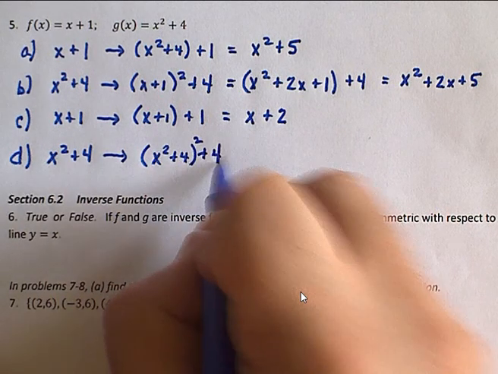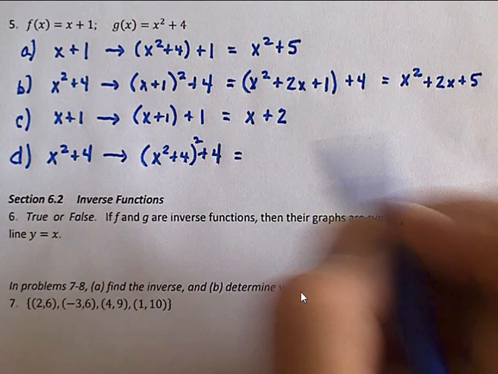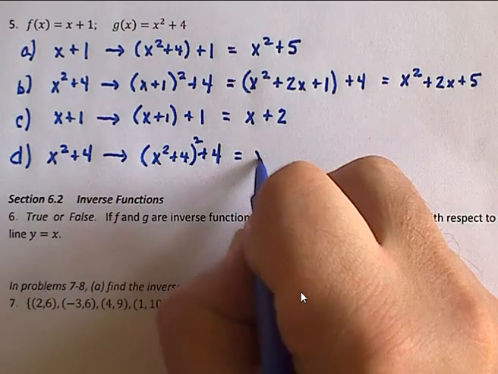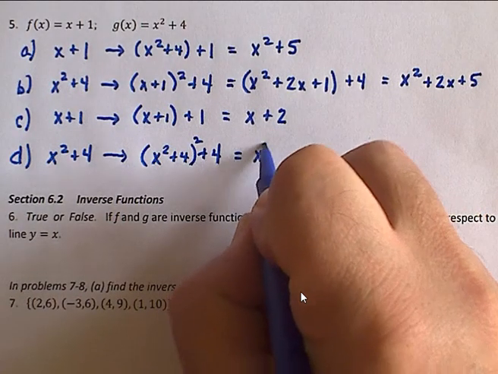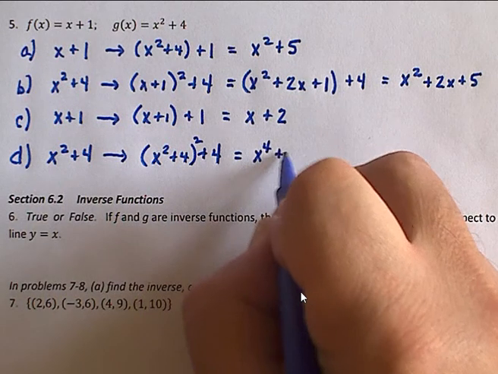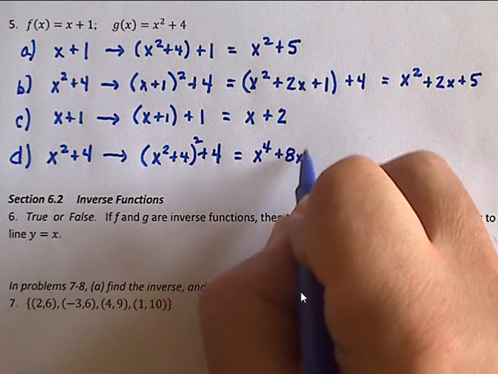And again, the problem here is going to be squaring that binomial. When you take x squared plus 4 times itself, I'm FOILing, x to the 4th. Outside and inside terms, I get 8x squared plus 16.